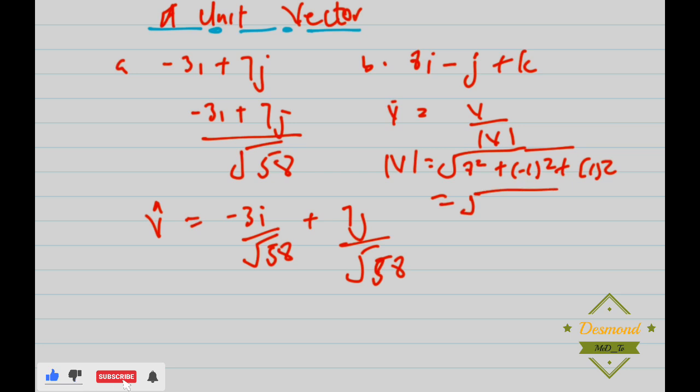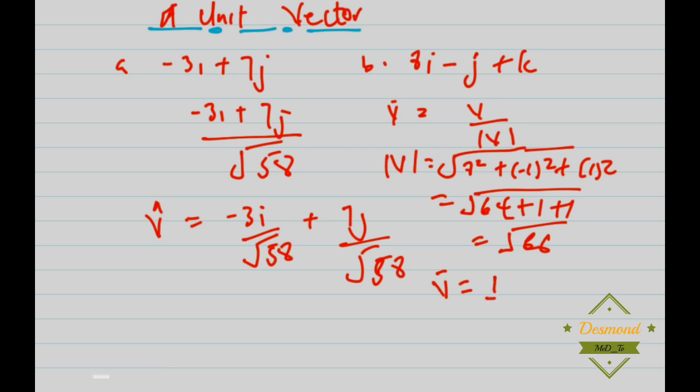We should get 64 plus 1 plus 1, then we get the square root of 66. So the unit vector should be equal to 1 over root 66 multiplying 8i minus j plus k. You can go ahead and simplify it to get your answer, but you can also leave it in this form.